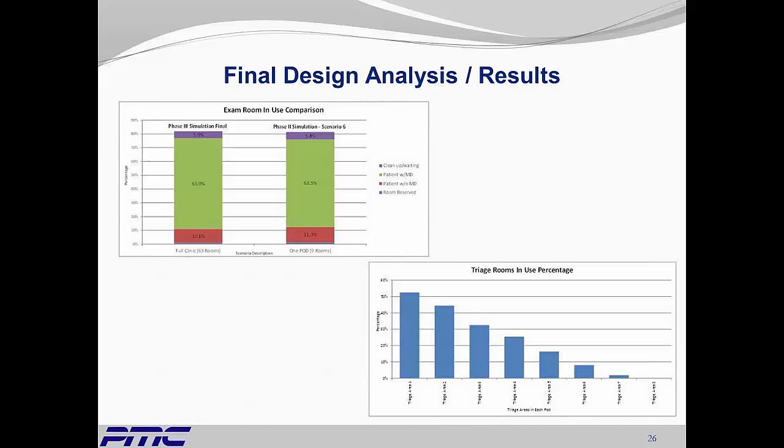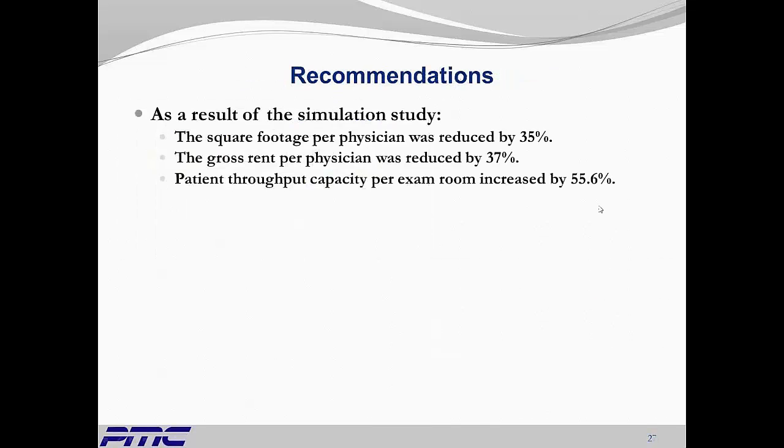We looked at triage rooms and different triage rooms in different modules, similar to exam rooms, with decreasing utilization. Some of the other things that we looked at are check-in queues, check-out queues, basically any process that exists in the system, we are able to get any type of statistical information we need out of it, including queues, waiting times, etc.